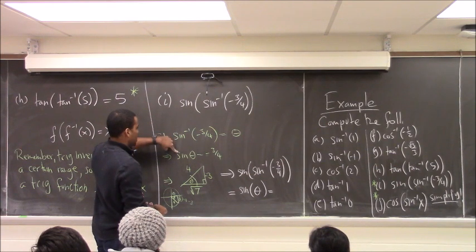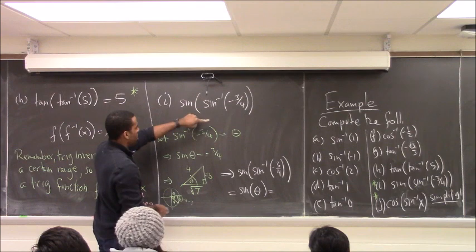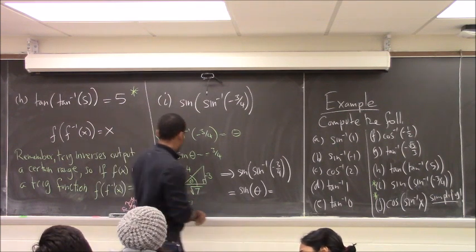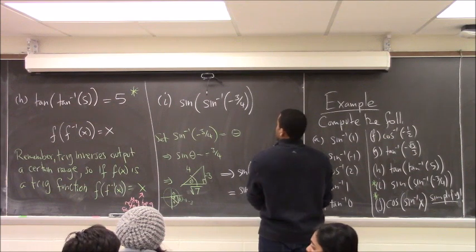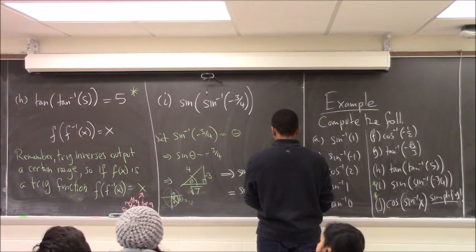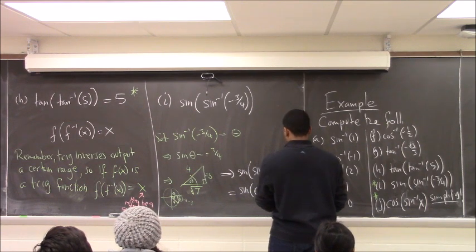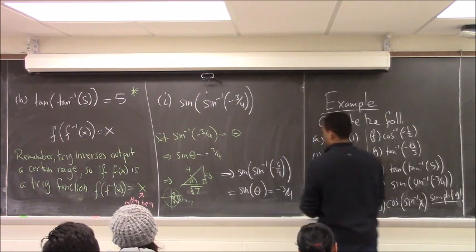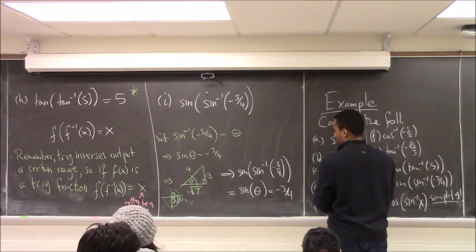The sine inverse of this is theta. So if I plug in theta here, my sine is going to be negative 3 over 4. And is that in the right window? Is that between minus pi over 2 and pi over 2?